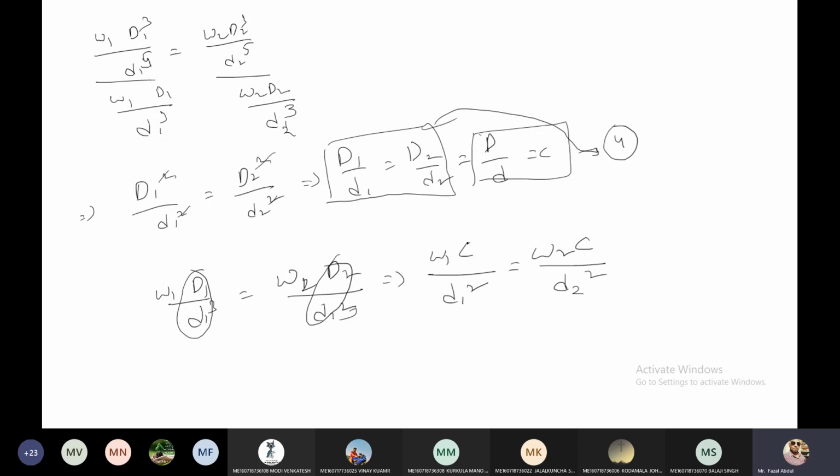Because both have the same C value, it cancels. Now W1 by D1 square equals W2 by D2 square, or else we can write W1 by W2 equals D1 by D2 whole square. This is equation number 5.